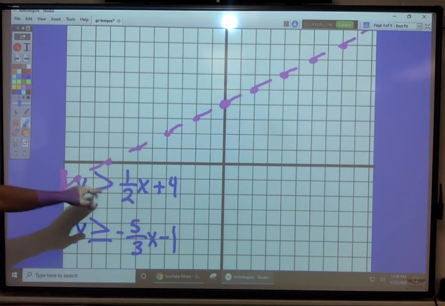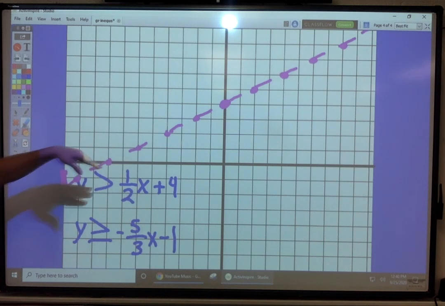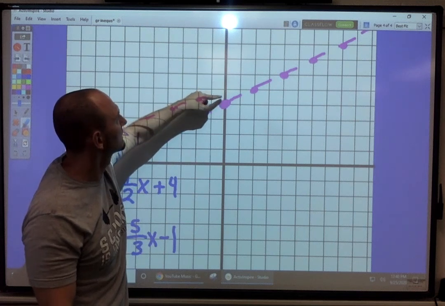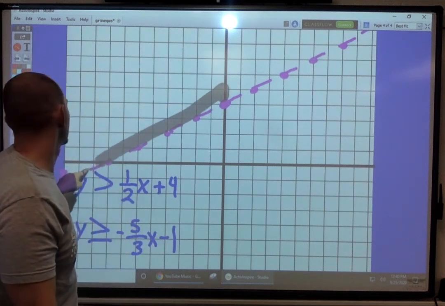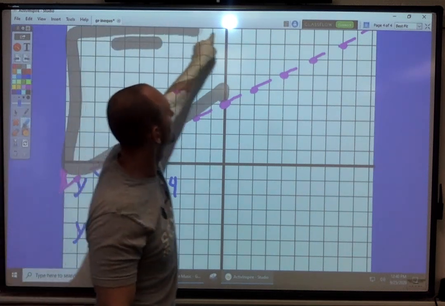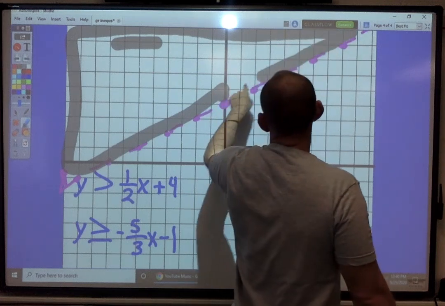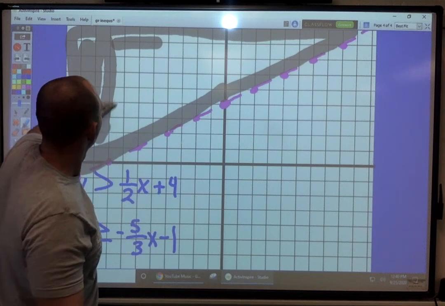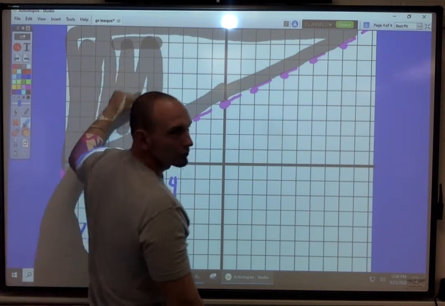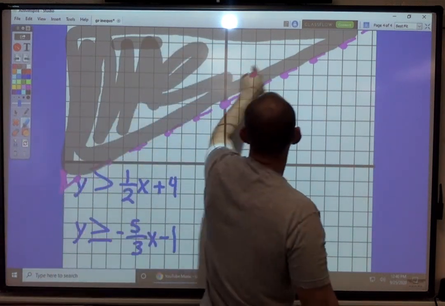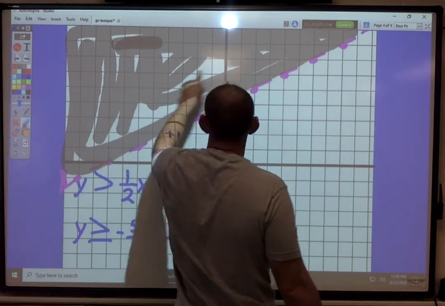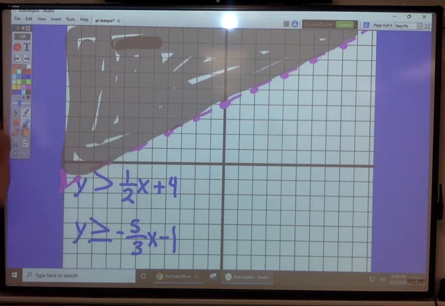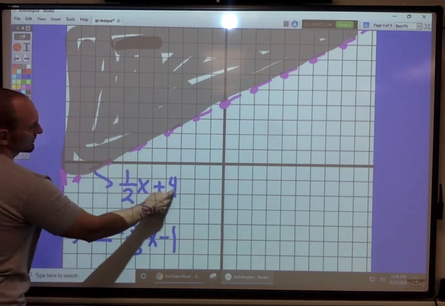So we're greater than that line. So my y values that are greater than this line are up. So I'm going to shade this section up here. We're shading, we're coloring, we're having fun today. Alright, that's shading. Don't need this one anymore.